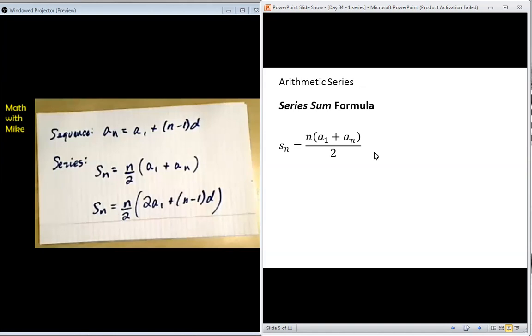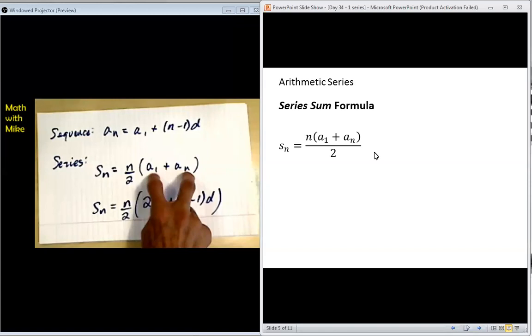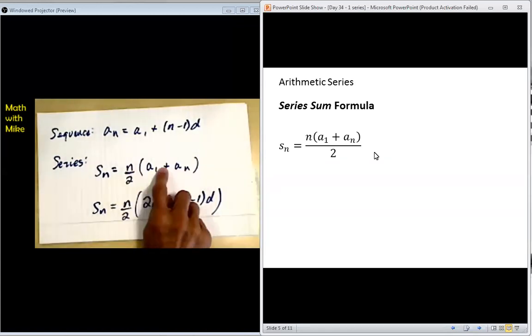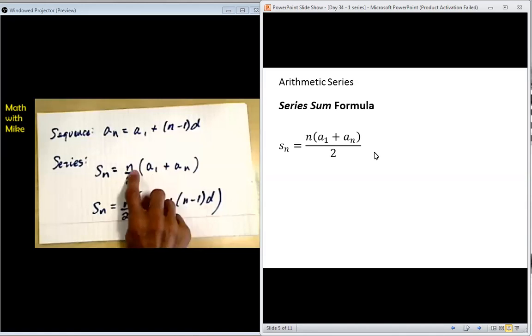And seeing as you mentioned that, watch this. You can switch the order around a little bit. You always do what's in the brackets first, so that's not going to change. But watch, you can go n times the bracket divided by 2, or you can go n divided by 2 times the bracket, right?